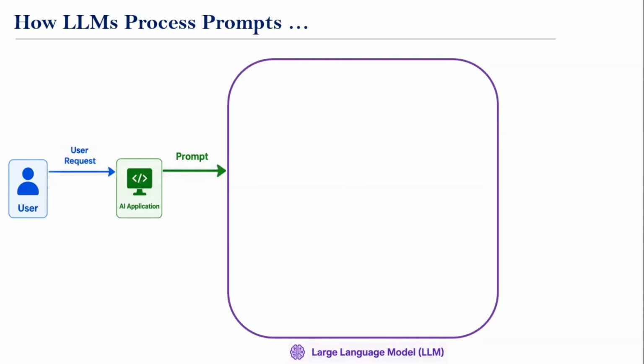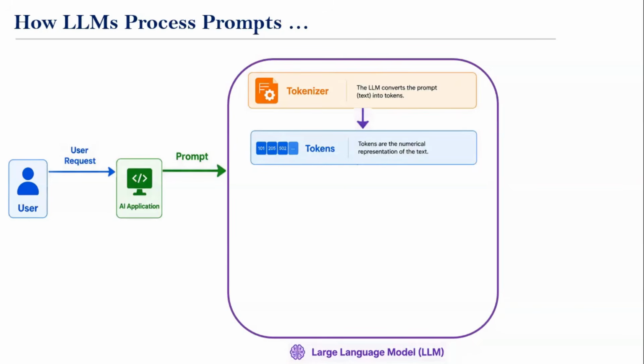So anyway, a prompt consists of the user request along with some additional information. Now that prompt is text, but the LLM cannot understand text. That's why inside the LLM we have a tokenizer. That tokenizer converts the prompt into tokens. Be clear, tokens are nothing but a numerical representation of the text.